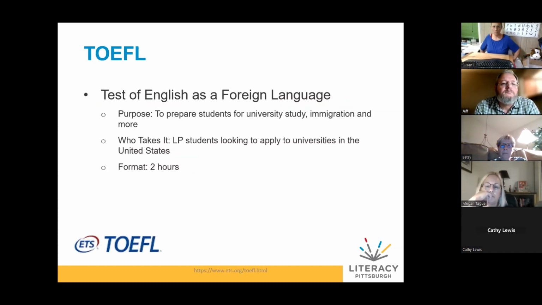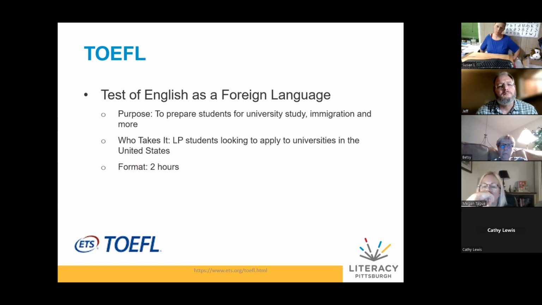So I mentioned earlier the TOEFL, which is the Test of English as a Foreign Language. This is to prepare students for university and immigration. So Literacy Pittsburgh students who are looking to apply to universities in the United States, particularly very competitive universities, are going to be taking this test.